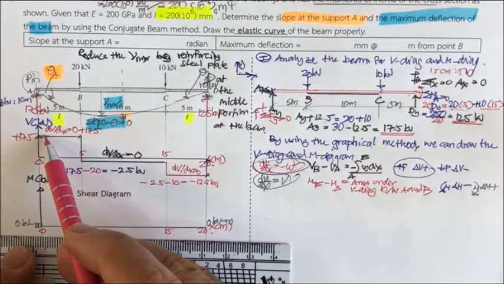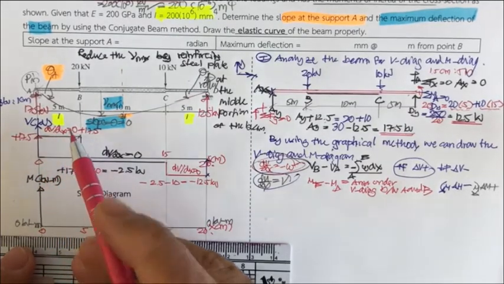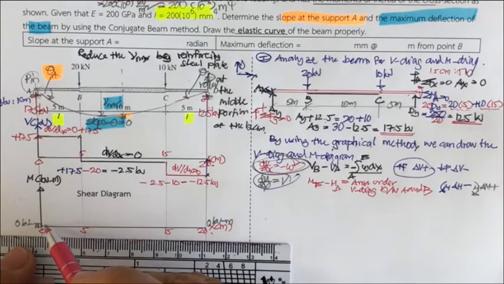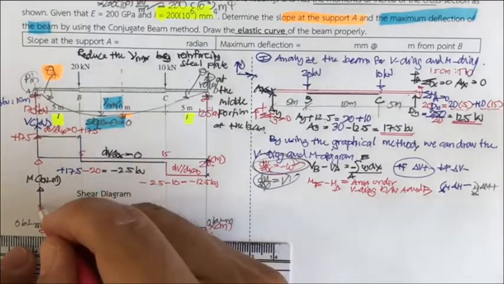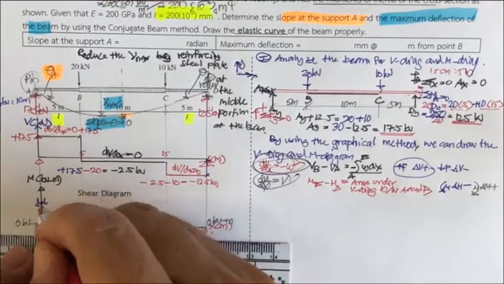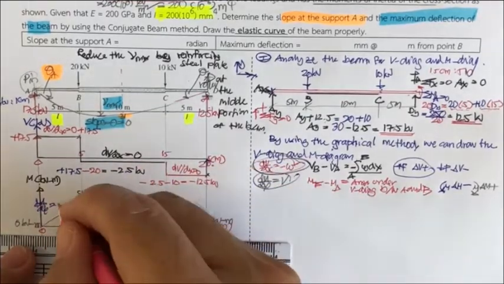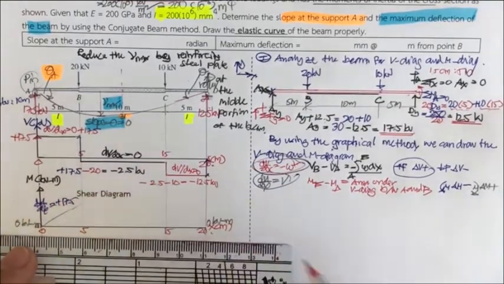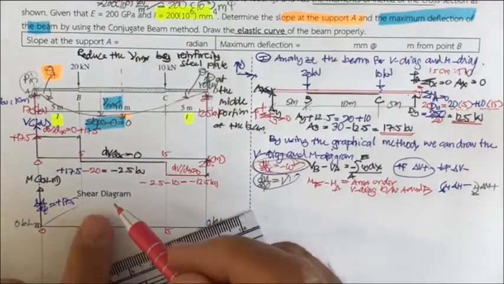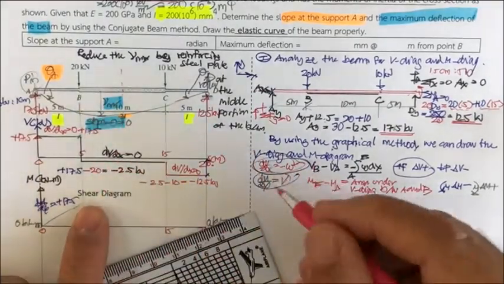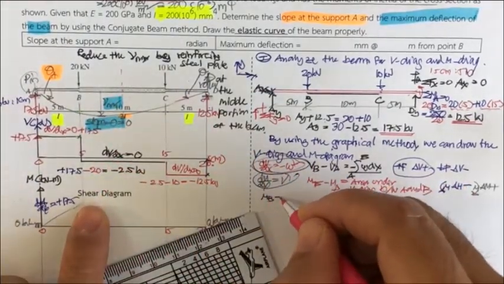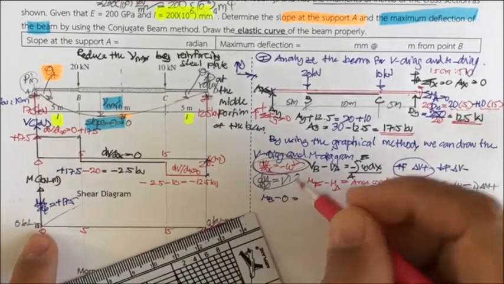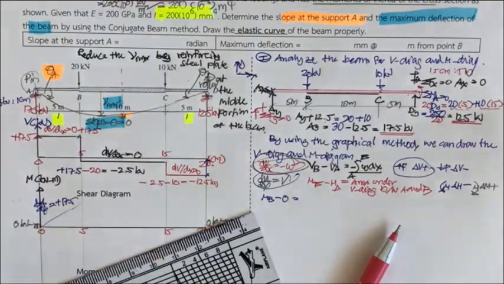Okay, so it's going to be 17.5 all the way here. So this is going to be some kind of a straight line here. So we have dM by dx equal to plus 17.5. And what is the moment here? Moment here is M sub B, because M sub B minus M sub A equals the area here.